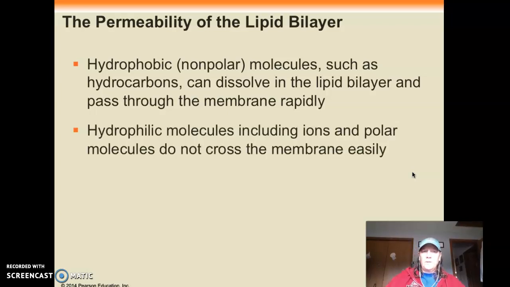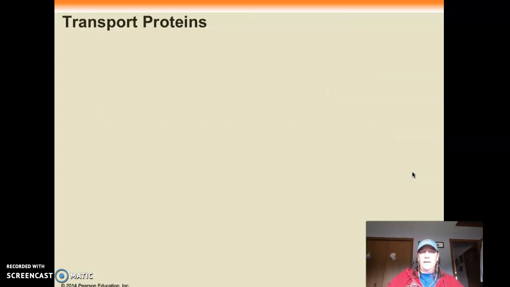So if it's hydrophilic, that's going to be ions, that's going to be your polar molecules. Hydrophilic meaning they like water, they don't cross through the membrane as easily. So really your hydrocarbons, things like that, those are the ones that are going to pass through. And then the other ones aren't.